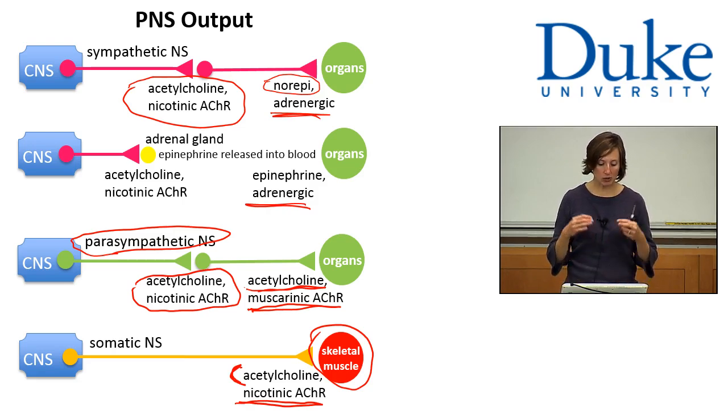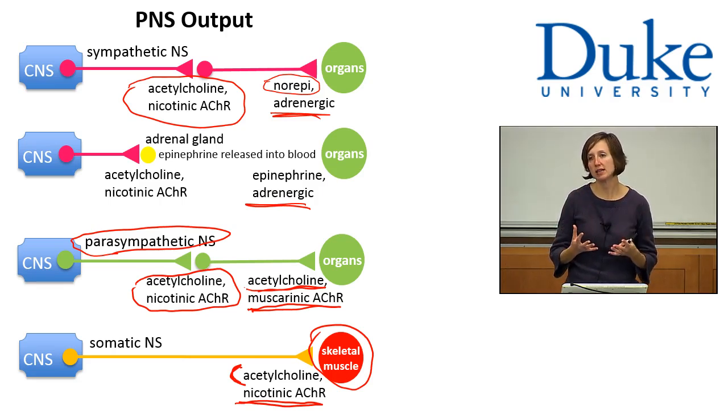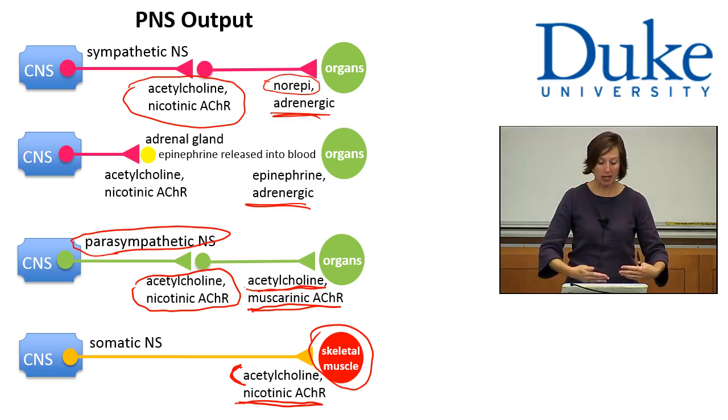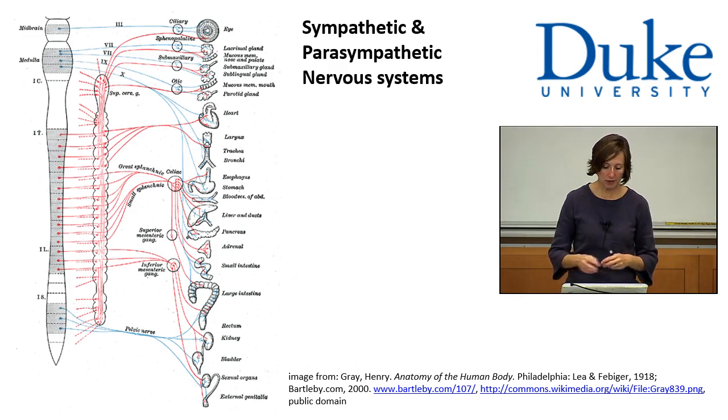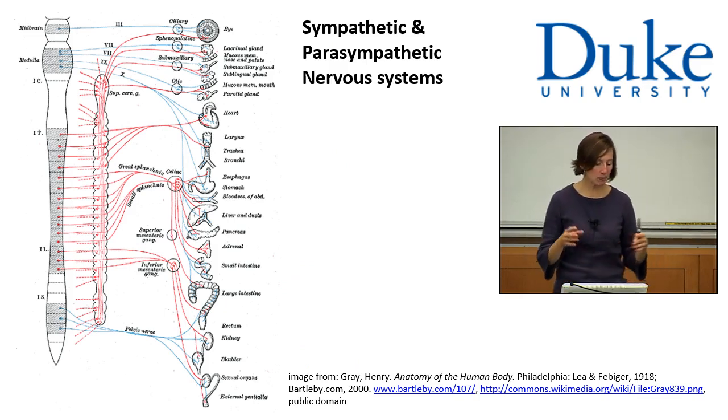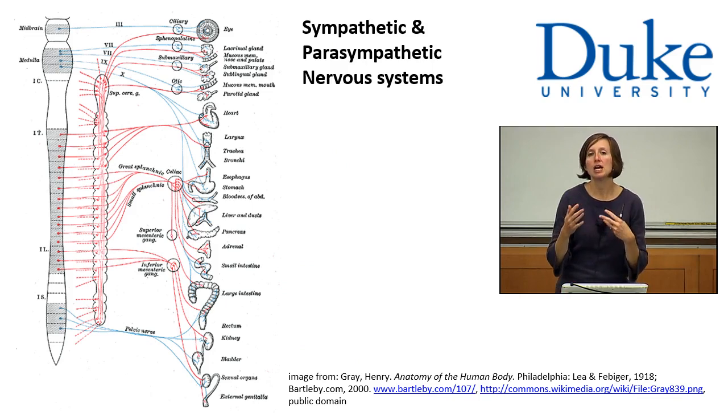So really, the only reason why I'm concerned about this is just for you understanding this, because we're going to come back to these systems over and over again when we talk about the nervous system control of the organs. So we're going to finish out this just by reminding you about what the sympathetic and parasympathetic nervous systems do in terms of controlling organs.